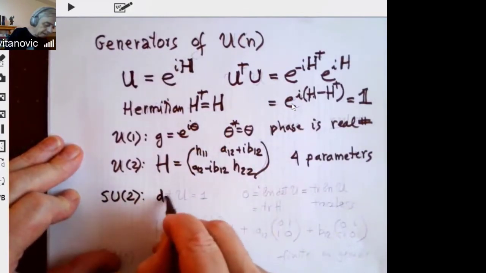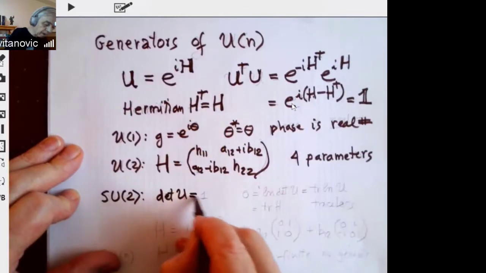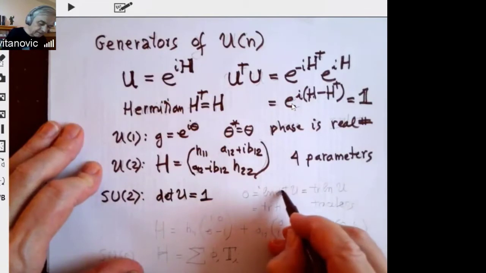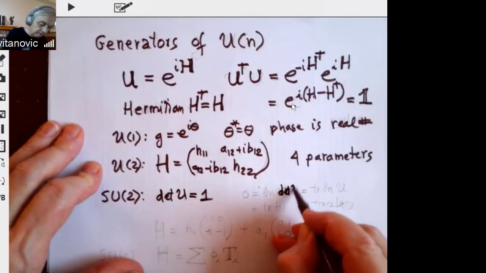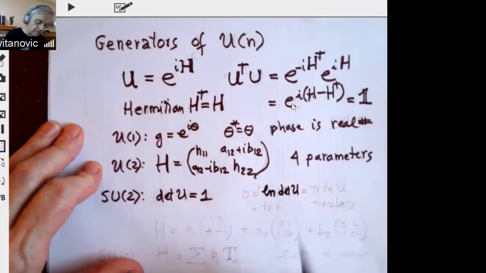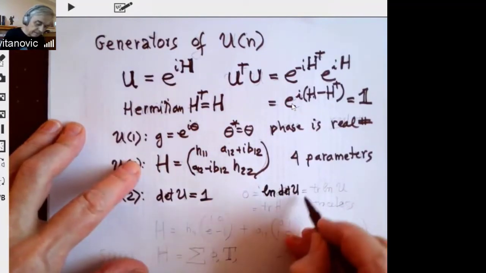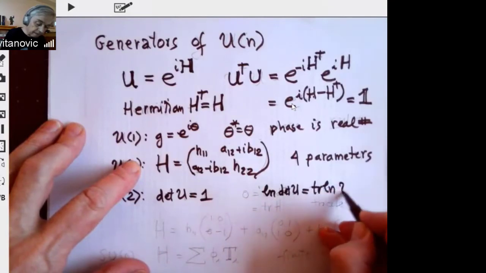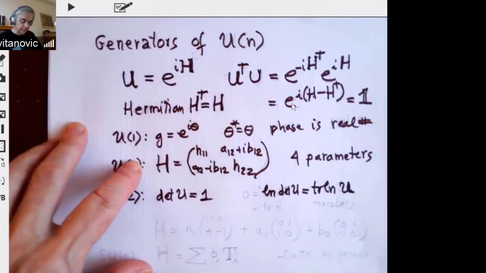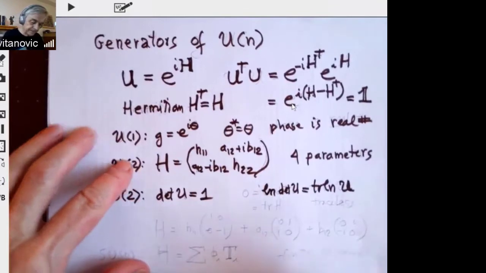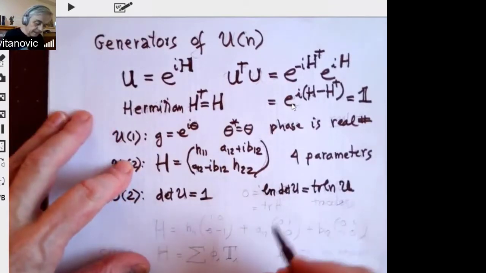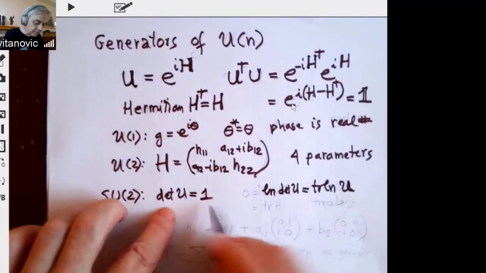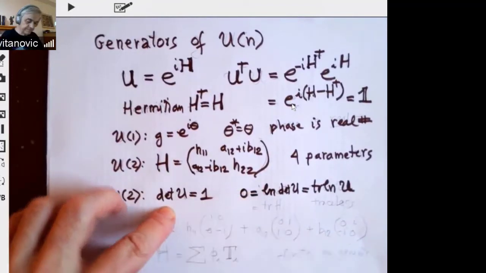then you must require the determinant of U is 1. But you prove this amazing identity that says if I take the determinant of any matrix, take its logarithm, that's the same as the trace of the logarithm of any matrix, true for any, including unitary. Now, if the determinant is 1, its logarithm is 0.